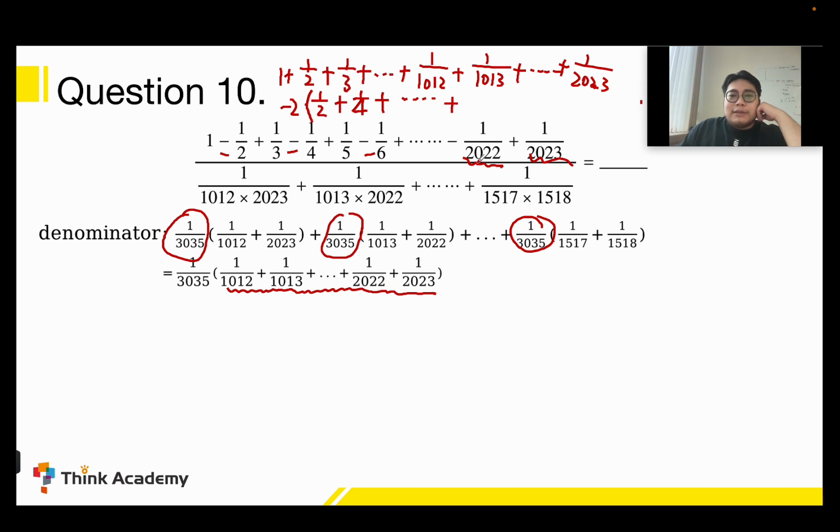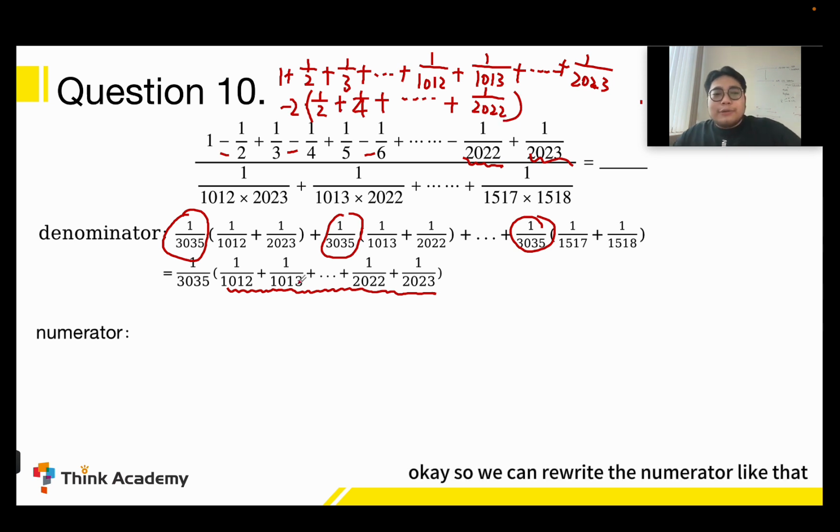What's the last one? 1 over 2022. So it's 2 times 1 over 2022. Because 1 over 2 plus 1 over 2 minus 2 times 1 over 2 should be minus 1 over 2. Okay, so we can rewrite the numerator like that.